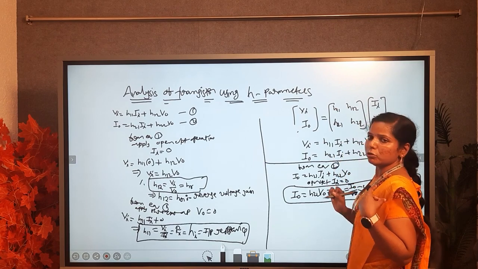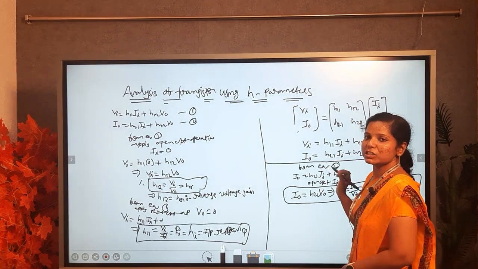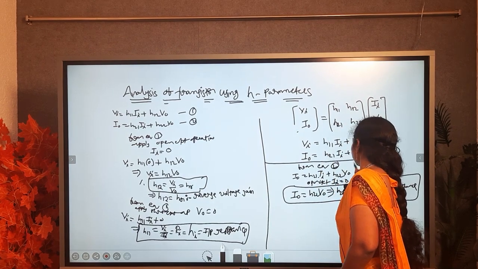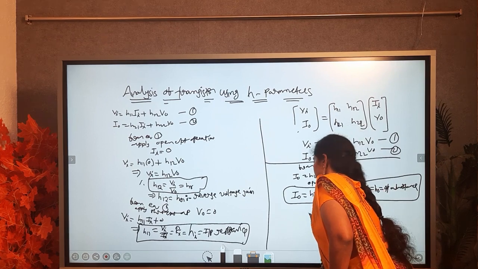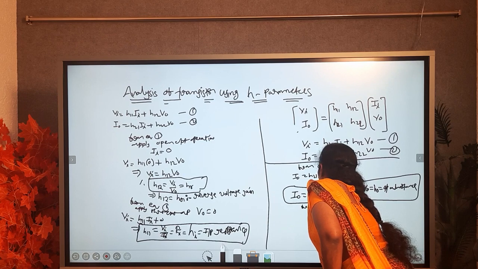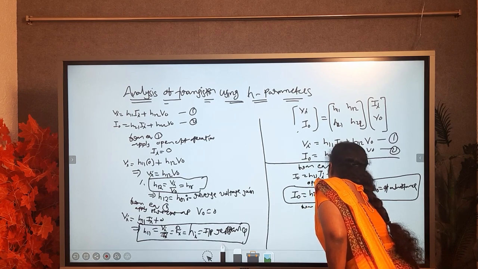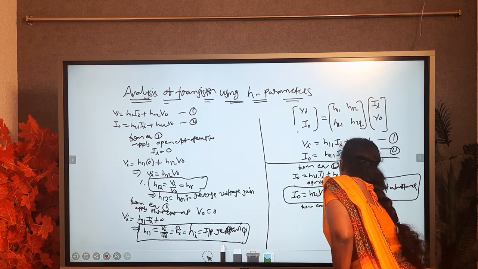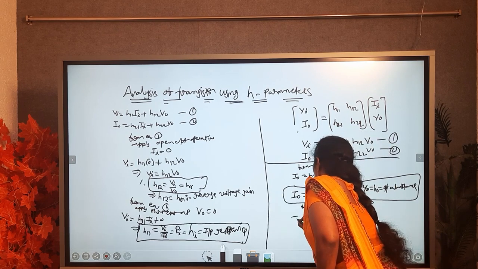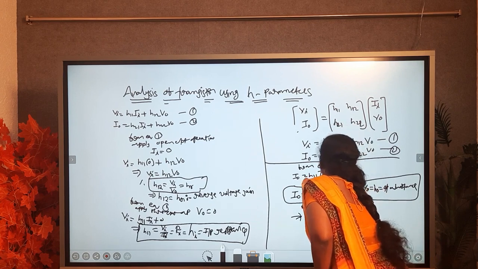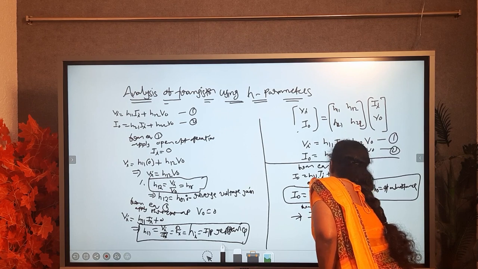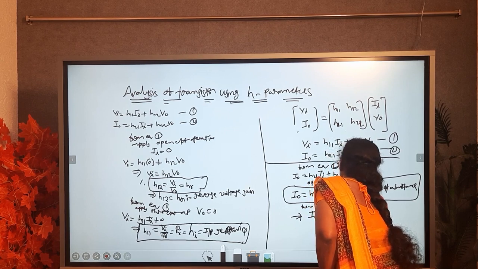From equation 2, you have to apply the short circuit operation for getting H21. Apply short circuit operation, so V naught equals 0. Then I naught equals H21 II plus 0.